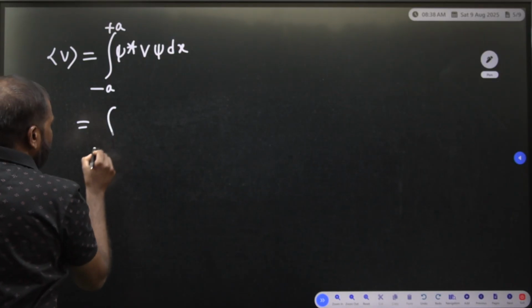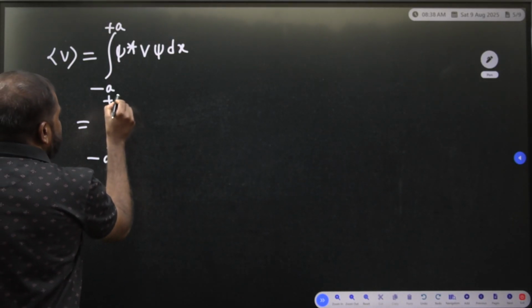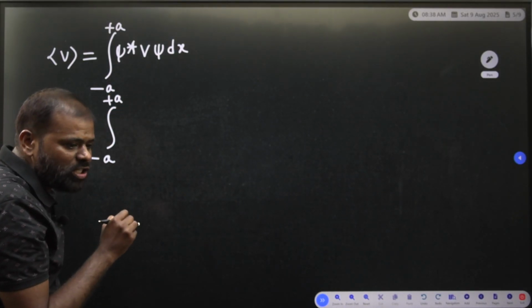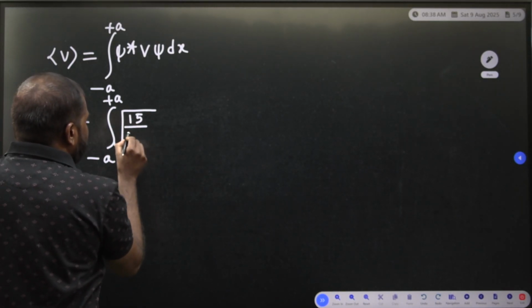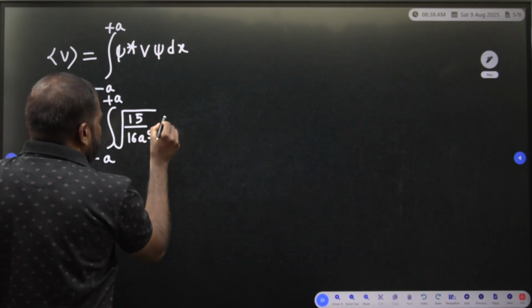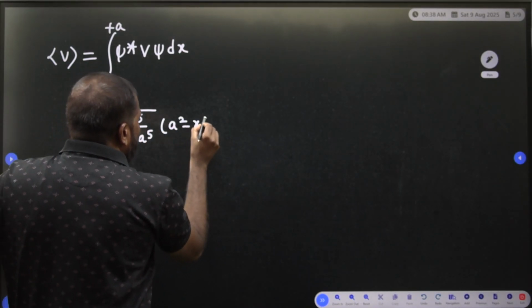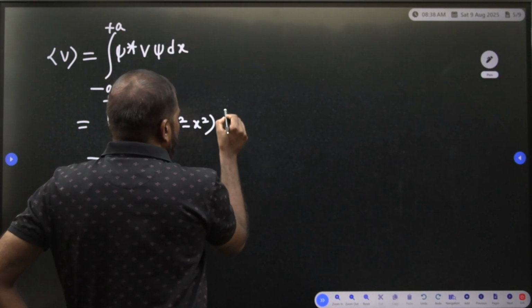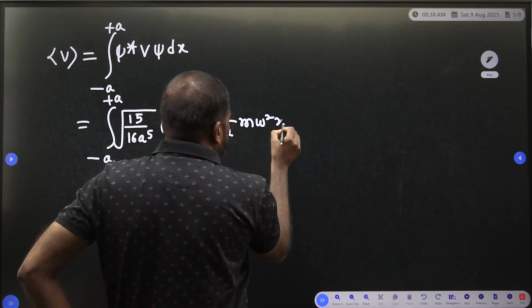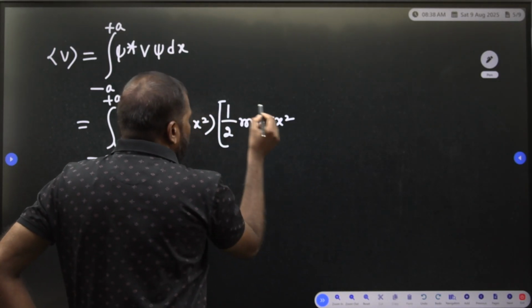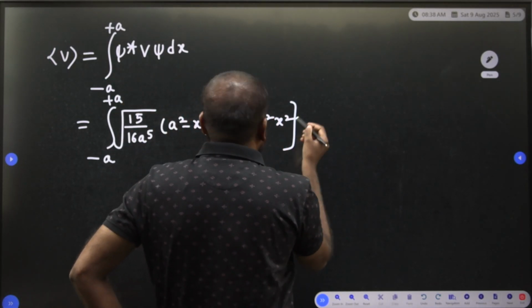So your psi conjugate is equal to root 15 divided by 16 a to the power of 5 into a square minus x square, into your potential energy, which is equal to 1 by 2 m omega square x square.